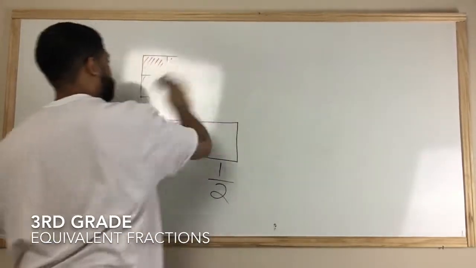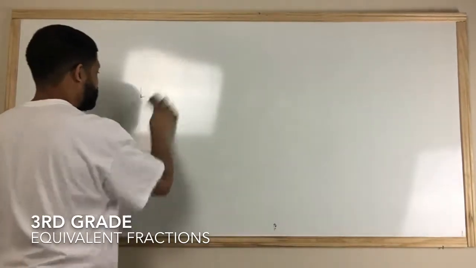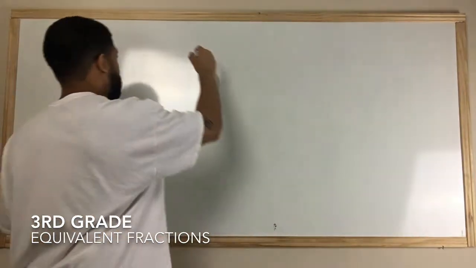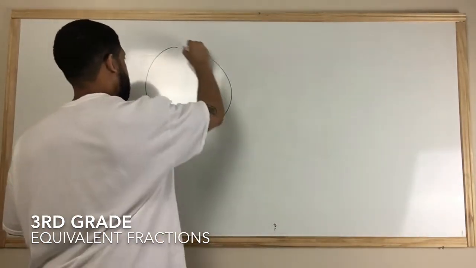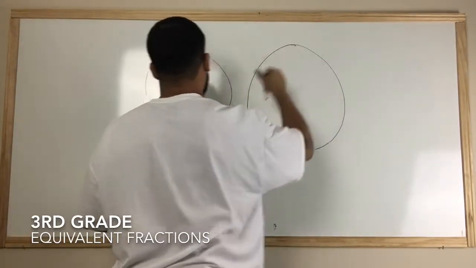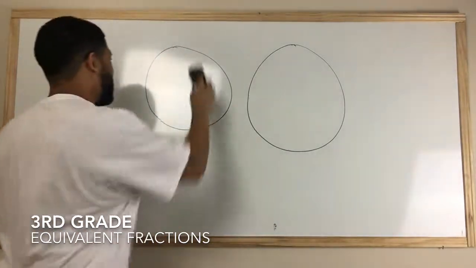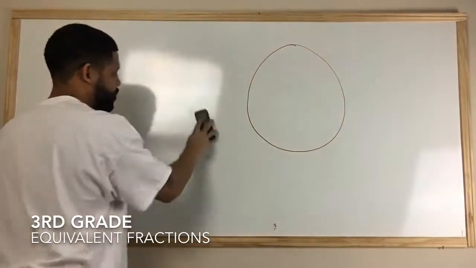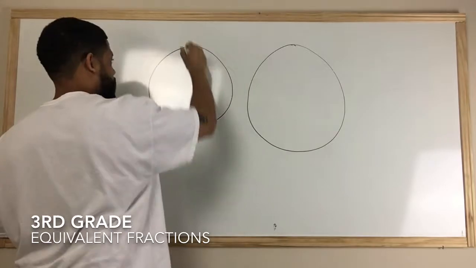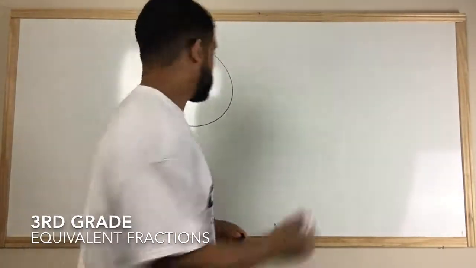Let's go circular because most third grade kids love pizza. So let's do something circular so that you can get another visual representation of this, okay? Now my circles aren't perfect, and they're still not the same size, but we're not going to spend all day trying to make perfect circles.